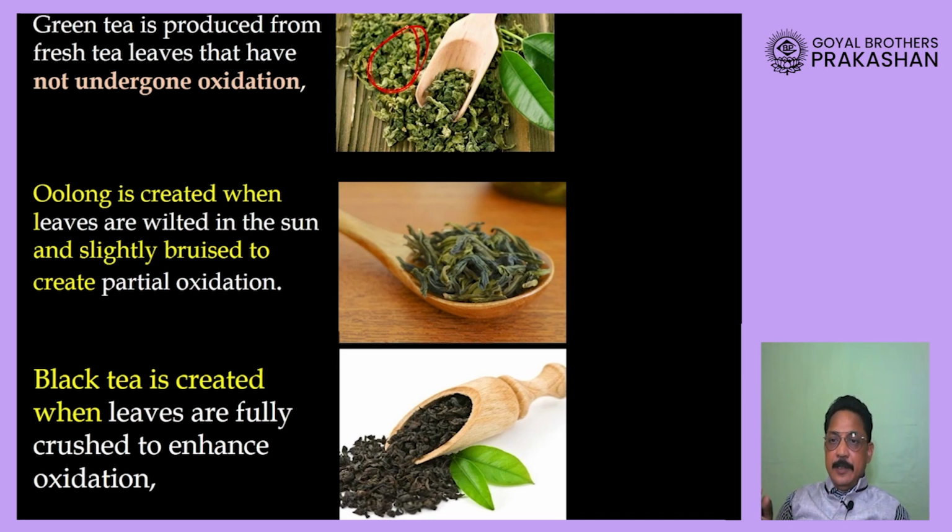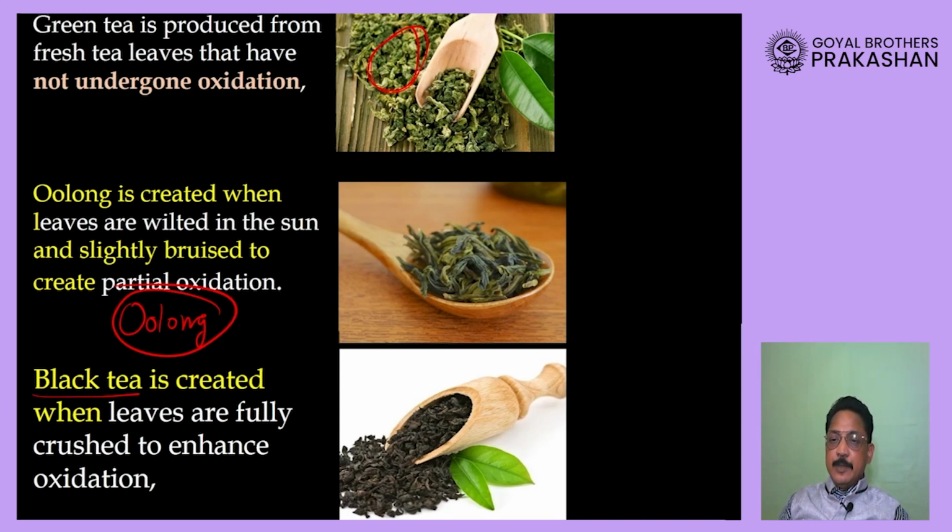When you take the tea leaves and ferment them partially, not completely, then the tea obtained is called oolong tea, and it is the costliest tea, especially used in Japan and China, whereas in India we use black tea in maximum quantity, where tea leaves are completely oxidized, completely fermented.